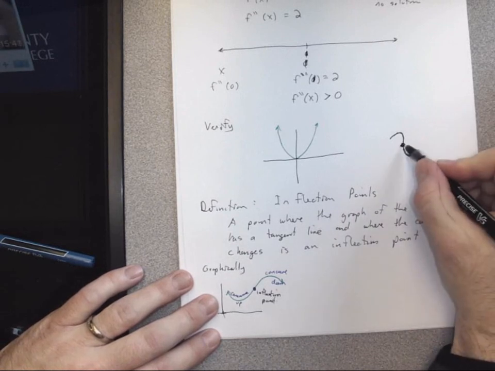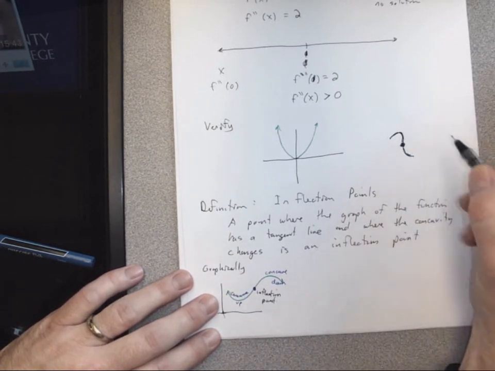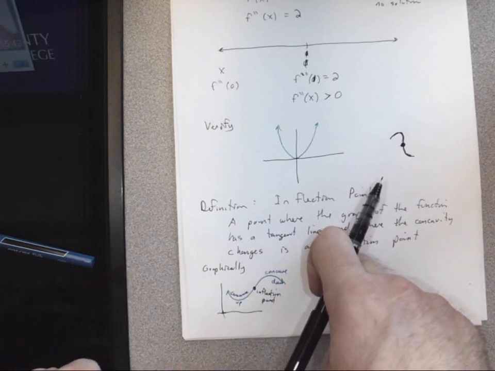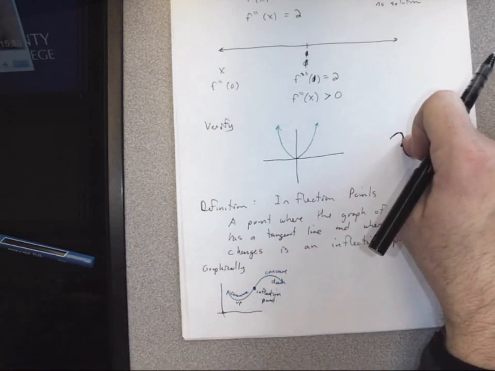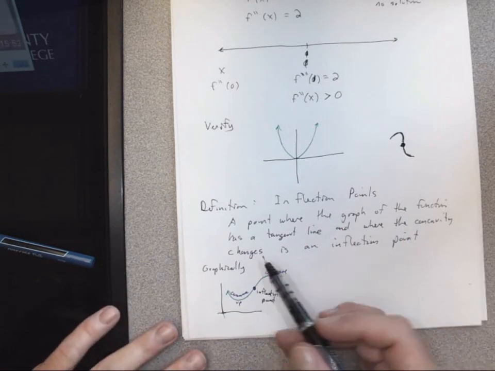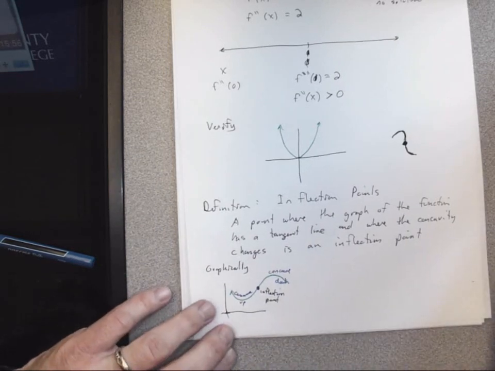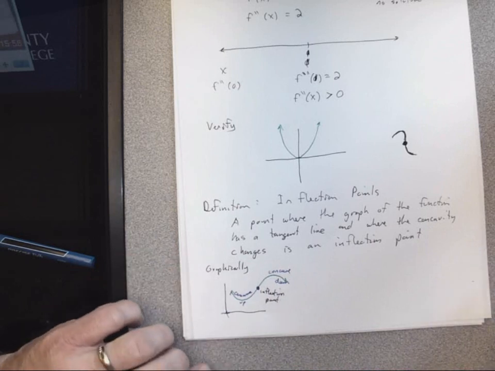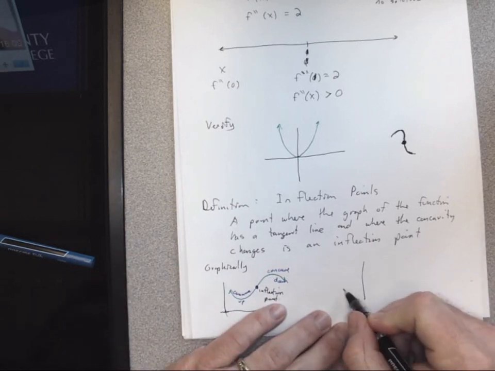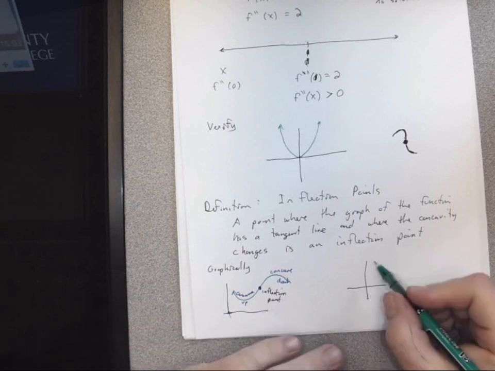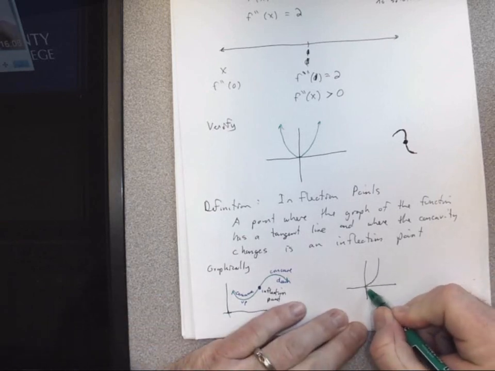So this is also the inflection point because you can see over here this part is concave down and this part is concave up. So this particular definition allows for this particular function. It just doesn't say it has to be differentiable. It just says a tangent line must exist. So even with x cubed, if you look at another graph like x cubed, it's like this.